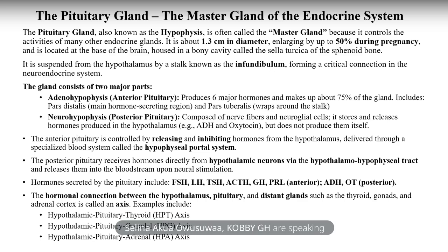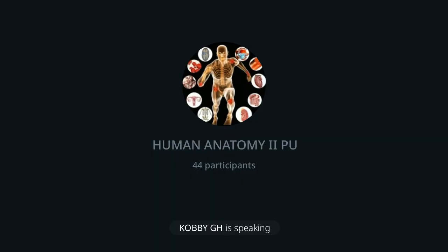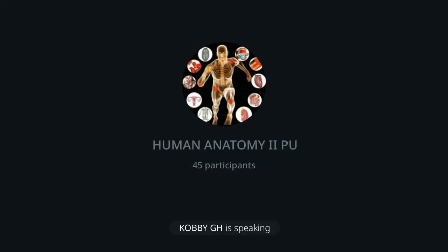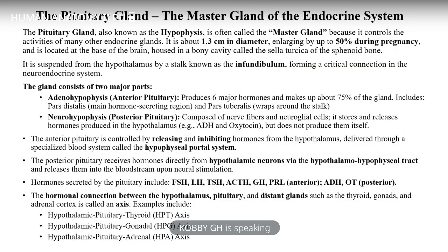The pituitary gland has two anatomical divisions, the anterior division and the posterior division. The anterior connects to the hypothalamus through a blood vessel. Because of that, we call it adenohypophysis. Another name for the anterior pituitary is the adenohypophysis gland. Another name for the posterior pituitary is the neurohypophysis gland.